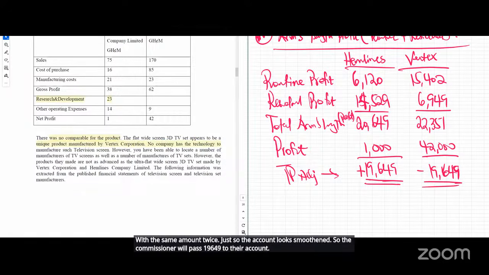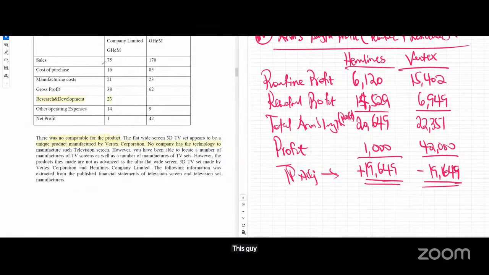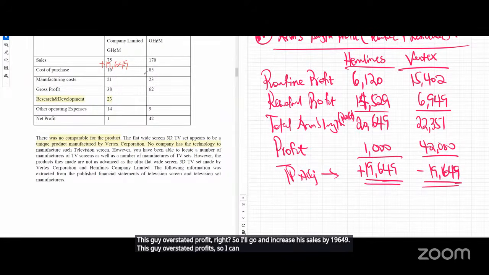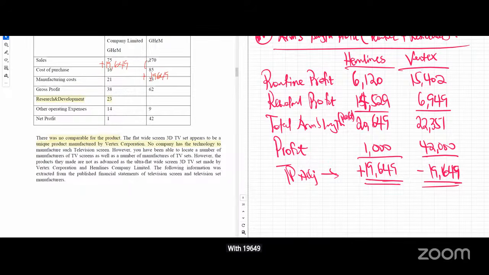So if I'm redrafting the account, this guy understated profit, right? So I'll go and increase his sales by 19,649. This guy overstated profit, so I can go and increase his cost by 19,649, or you can reduce it from the revenue. All are accepted, right?